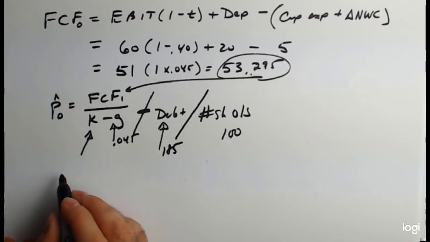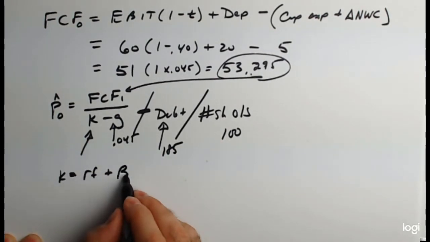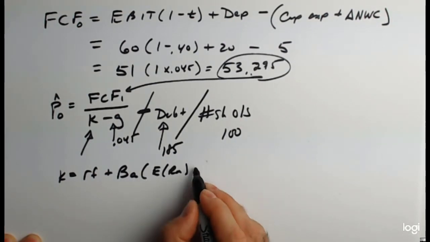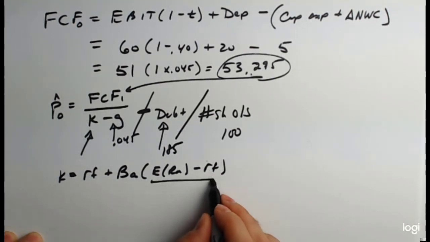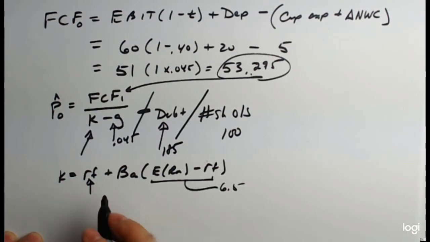K, remember, equals the risk-free rate plus the beta of the assets times the market risk premium, right? And this we know, it's given, it's 6.5 in the problem. This is given at 5%.